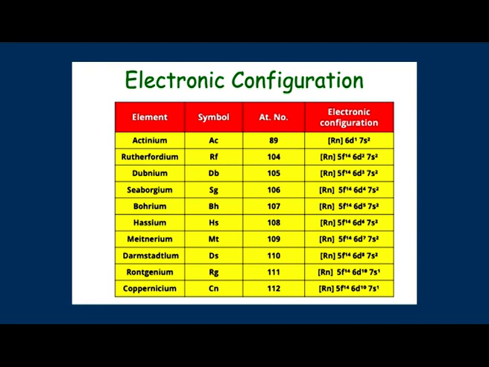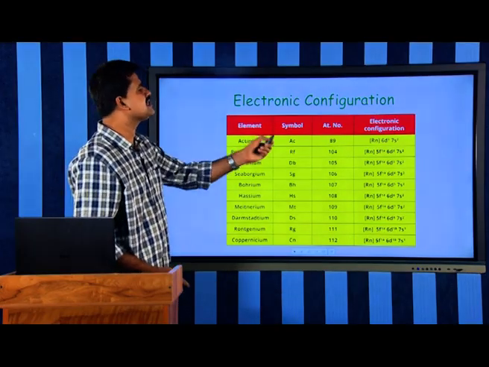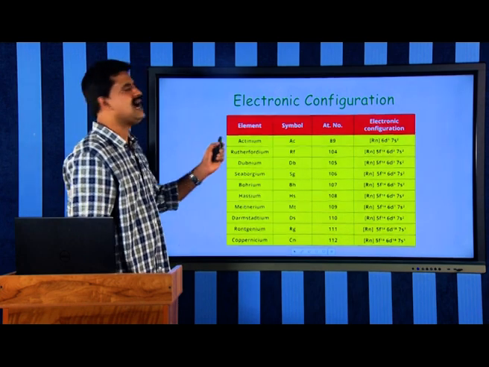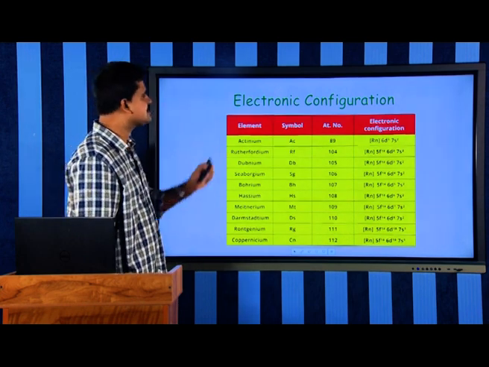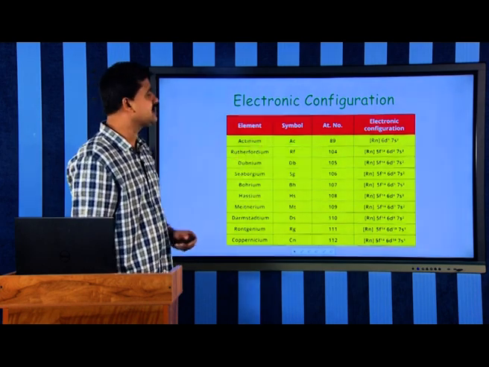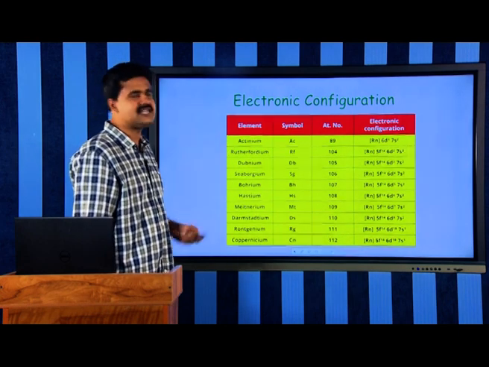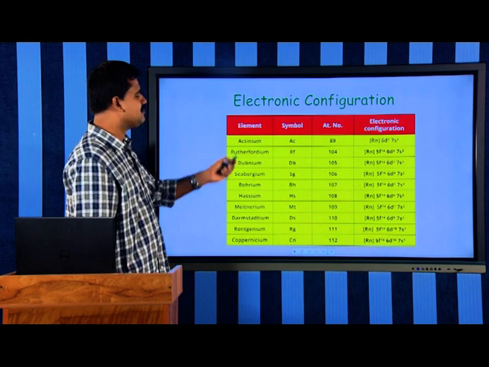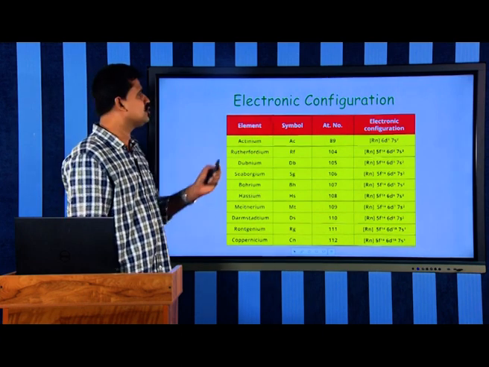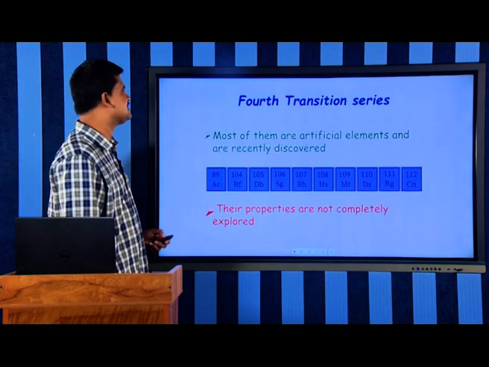These are the elements of the last transition series, and between actinium and rutherfordium there is a gap of 14 in atomic number, which simply represents the actinides, as I mentioned earlier. Then the electronic configuration: there is a radon core followed by 6d1 to 10 and 7s1 or 2. This is about the electronic arrangement of the fourth transition series.